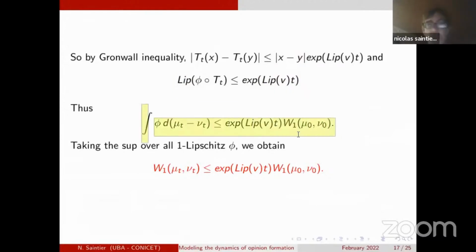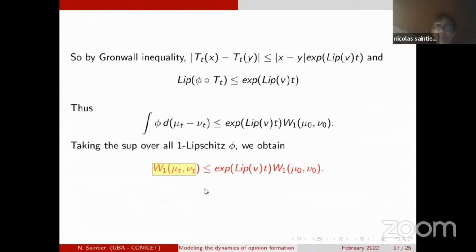So this is good, because the bound we have on the right hand side does not depend on phi. It's okay for any one-Lipschitz phi. So we can take the supremum over phi, and the supremum over phi of the left hand side, that is the supremum over phi of this expression, is exactly the W1 distance between mu t and nu t. So we're good. We have exactly what we wanted.